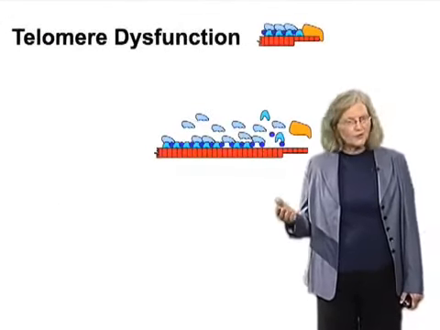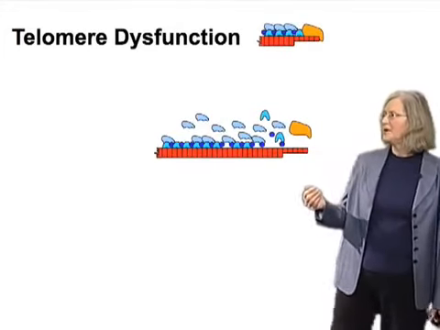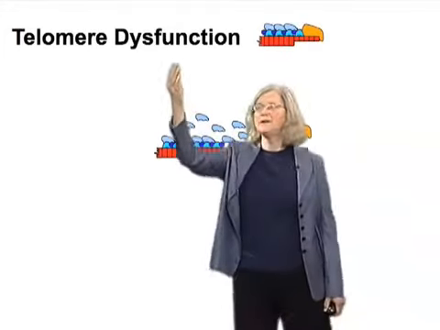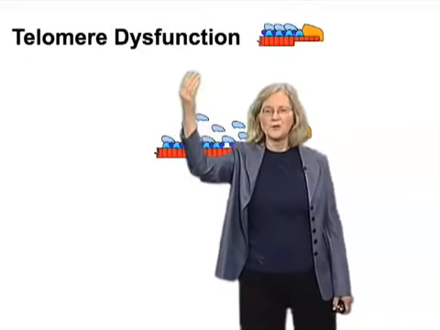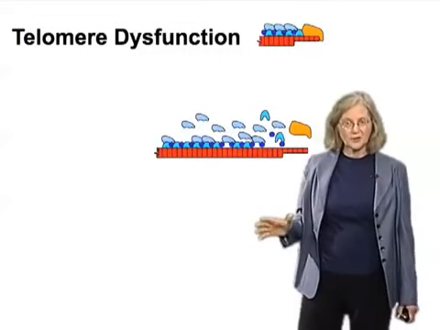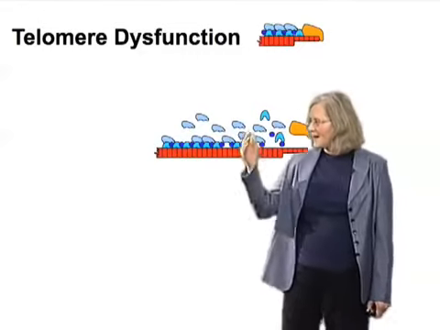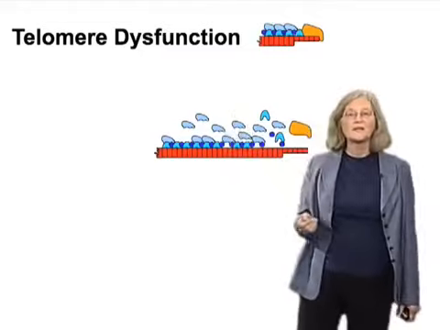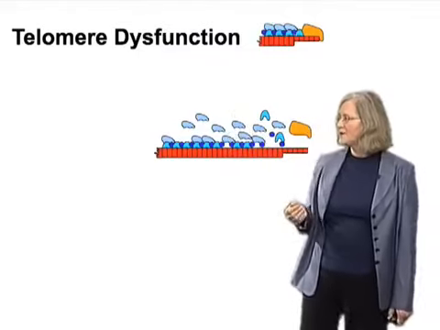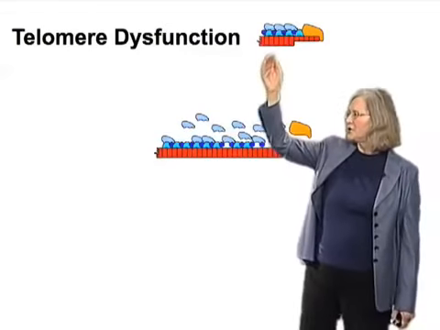So I've just shown you a functional telomere, but if telomeres cease to function, and we use the term telomere dysfunction to describe that general state of a telomere that is not carrying out those capping functions and other functions that I will get to, there are a couple of different ways this can happen. The first is if the tract of telomeric repeats is simply too short.